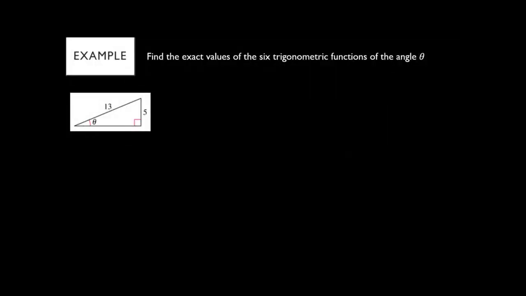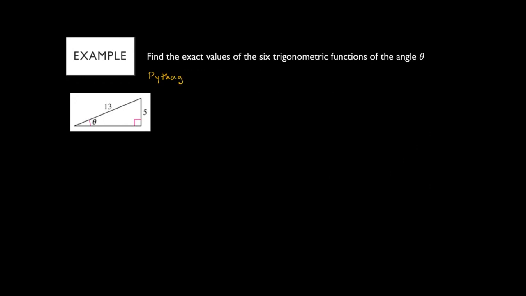So I've got a right triangle here, and we're going to find the exact values of the 6 trigonometric functions of the angle theta. So in order to find all 6, we need to first get the missing side. And so we have to do that with the Pythagorean theorem.